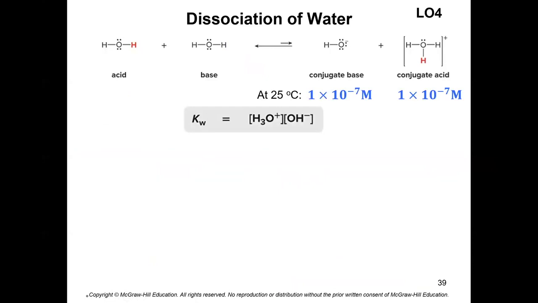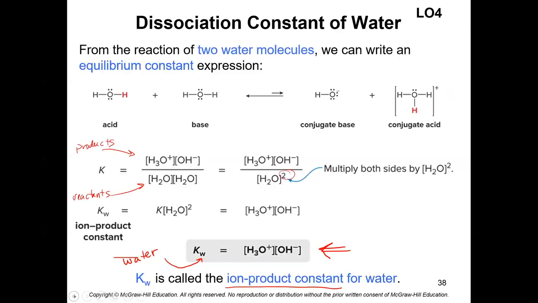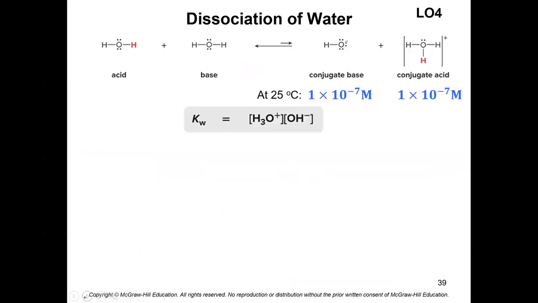Okay, so how is this useful to us? How can we use this? So we arrived in the previous slide. We were able to show that we can write an equilibrium constant for water that is equal to hydronium times hydroxide concentration. So I have rewritten that up here.